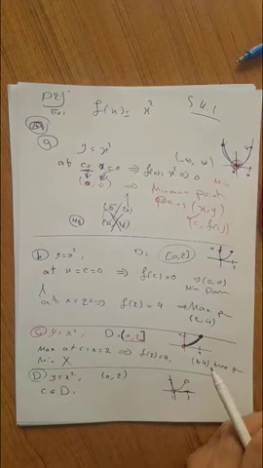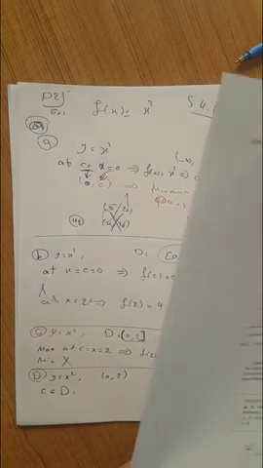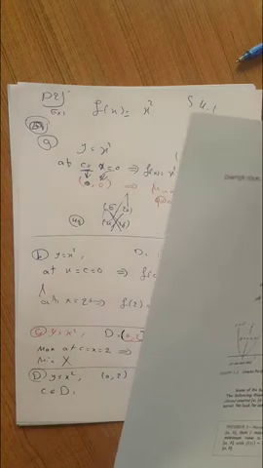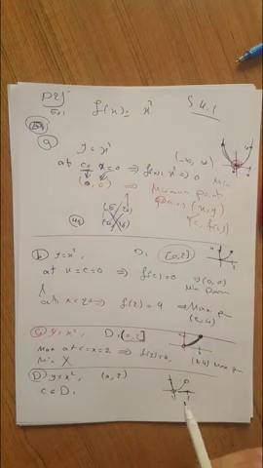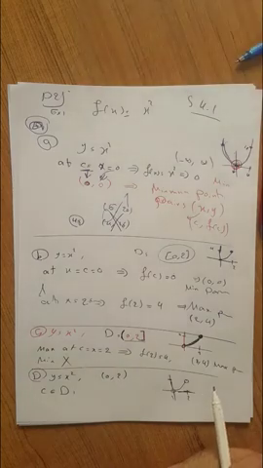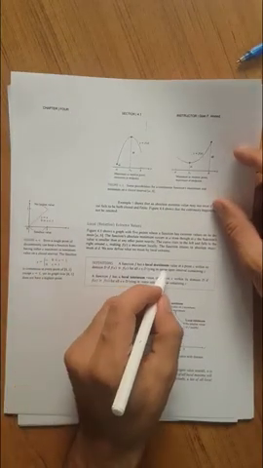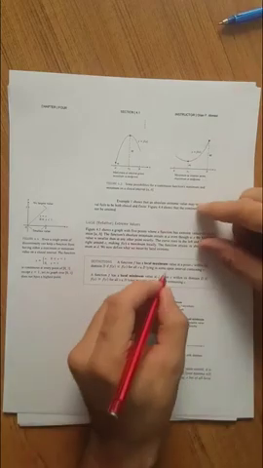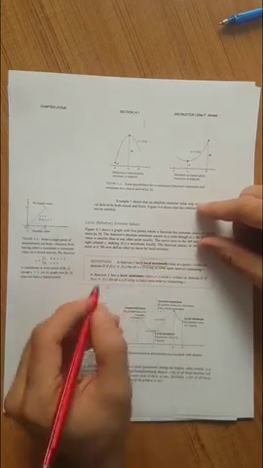Now we have something else, the theorem. And the other definition here, on page number 3, says that we have a local maximum. So what's the difference between local and absolute?